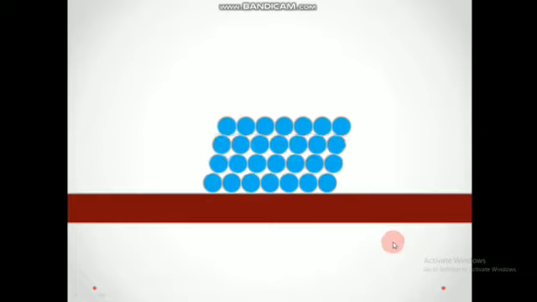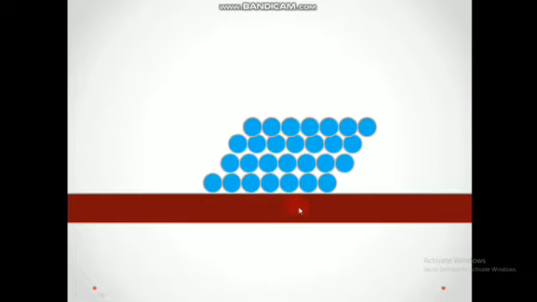When they start flowing, the layer which is just above the stationary object won't move at all, because the layer touching the stationary object has interaction with it. So the stationary object is acting with some force on the layer which is touching it. But the top layer is not interacting with the stationary object, so it will move faster.